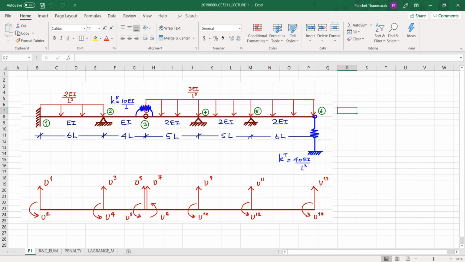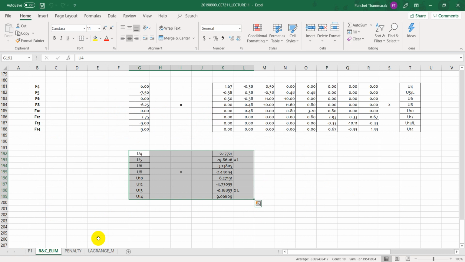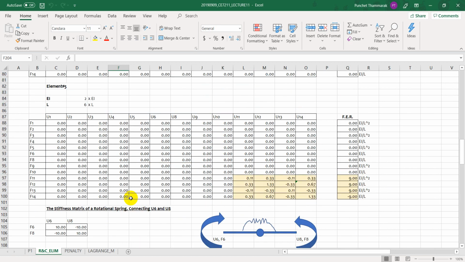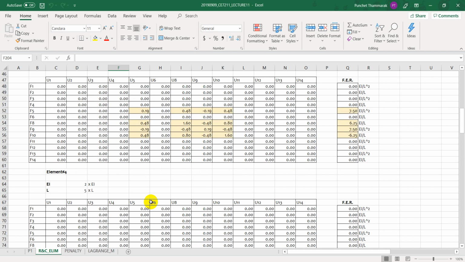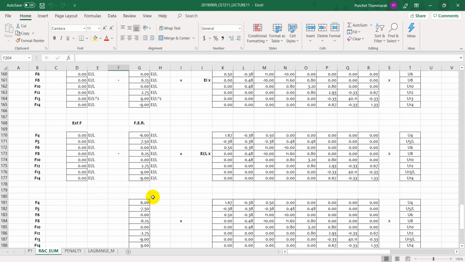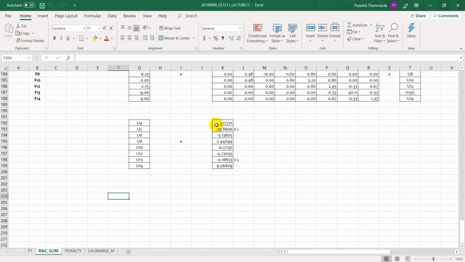So first of all, let's come back to the row and column eliminations. In row and column elimination, what you end up with is only the displacement solution.